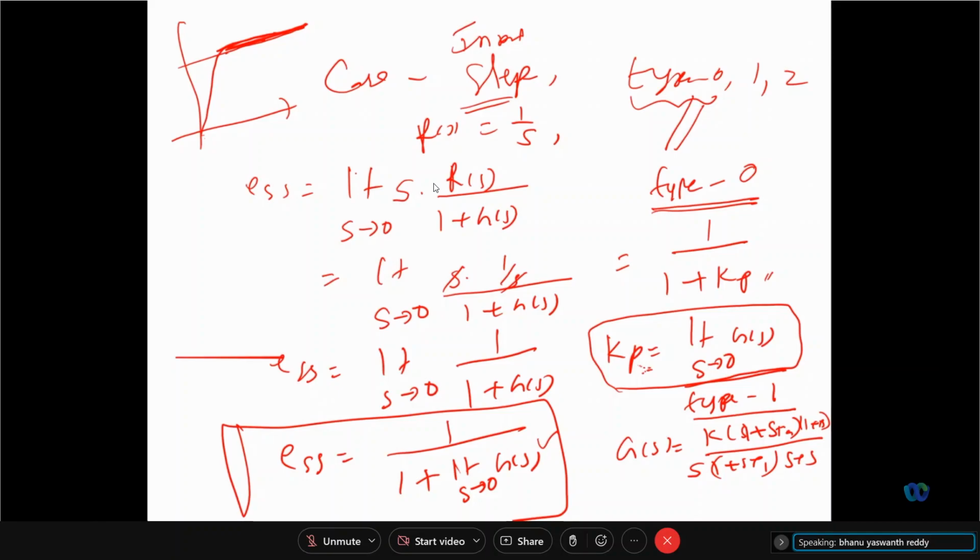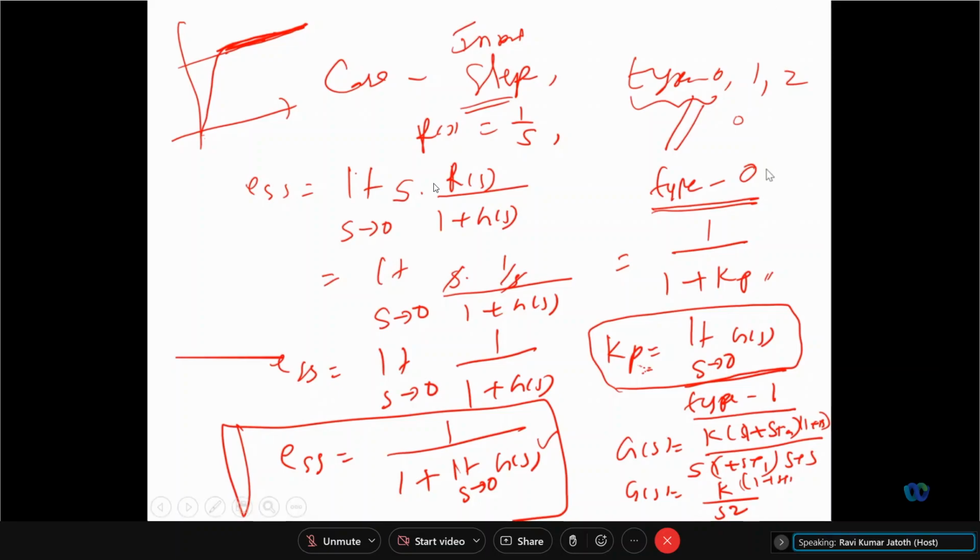So when type increases, error reduces. Can I say that? Now, if it is type 2, what is error? 0 only, sir. So when type is increased, error is becoming less.